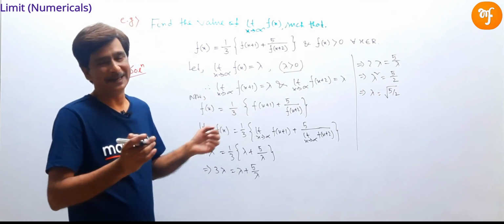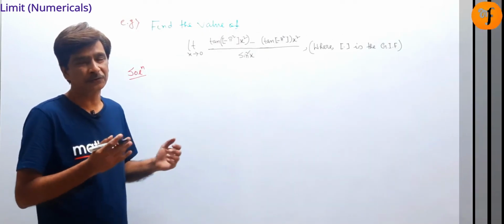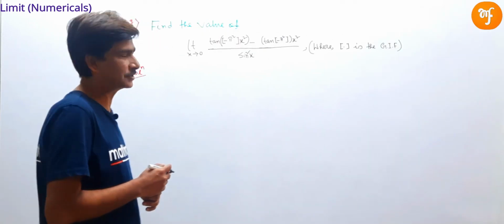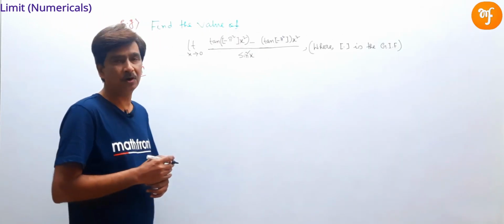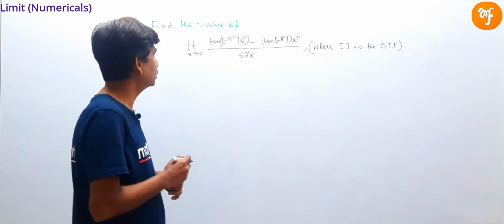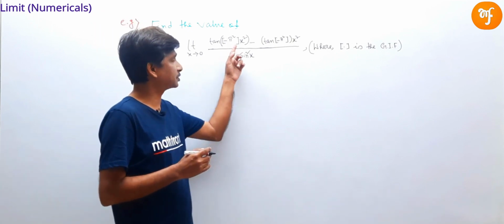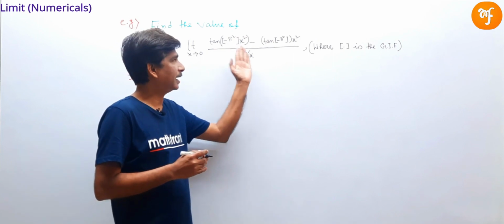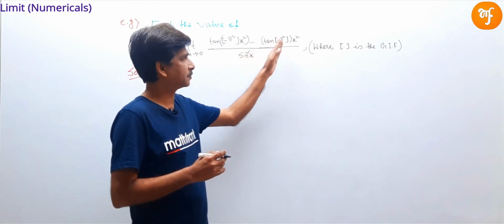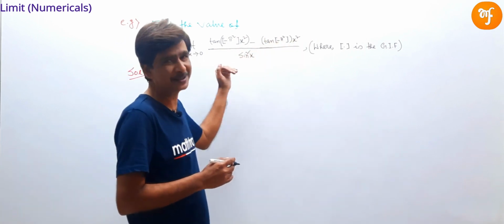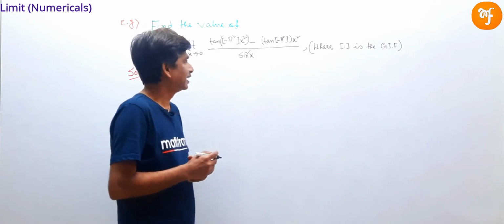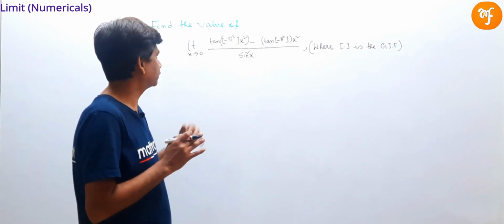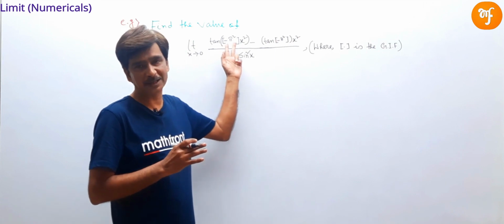Now come to the next question. So friends, let's have a look at another good example. We have to find the value of limit x tends to 0 of tan of [-pi square]x square minus tan of [-pi square], whole into x square divided by sine square x. Okay. Now to solve this numerical, first of all we have to think what is the value of [-pi square].